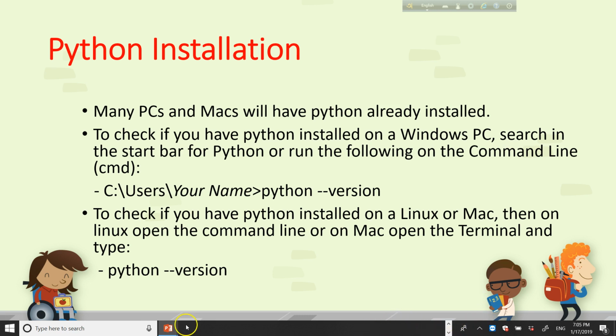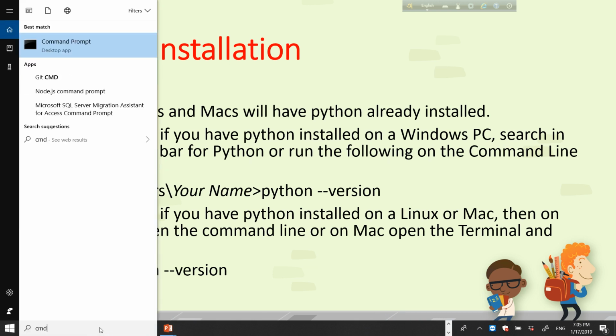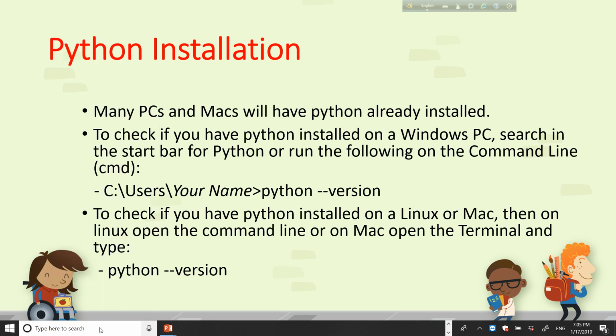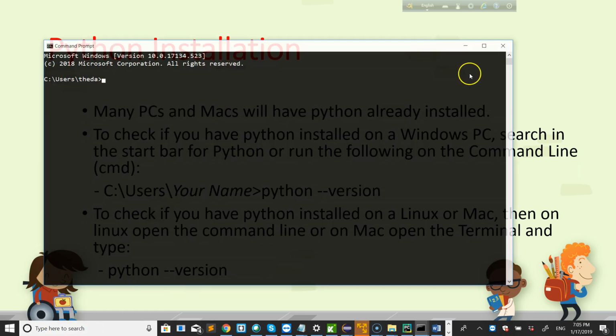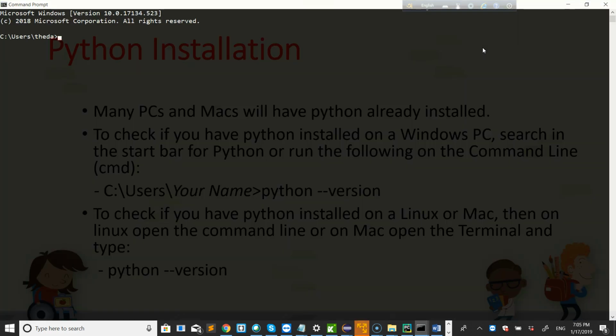Okay, I think we can check here. I just type cmd, then press enter, and let me expand it, and I will say python --version, and the command prompt is showing us Python 3.7.2 has been installed on my computer.